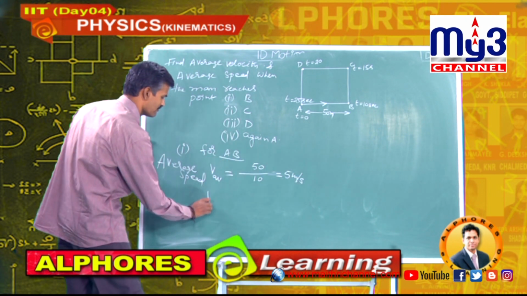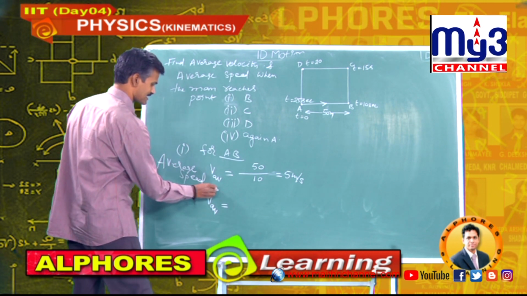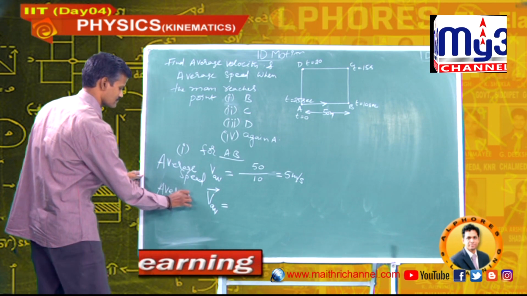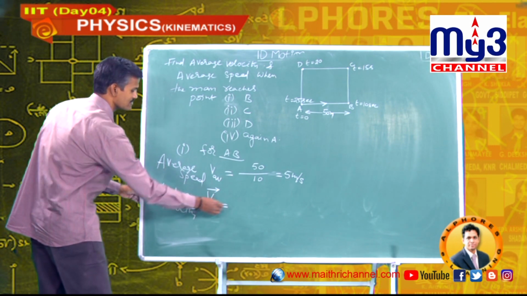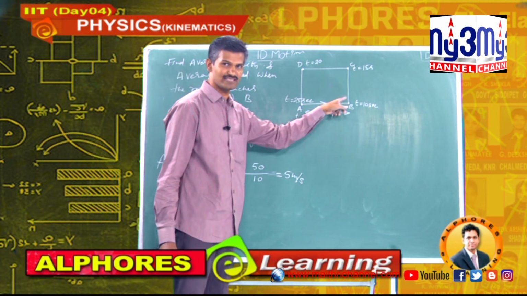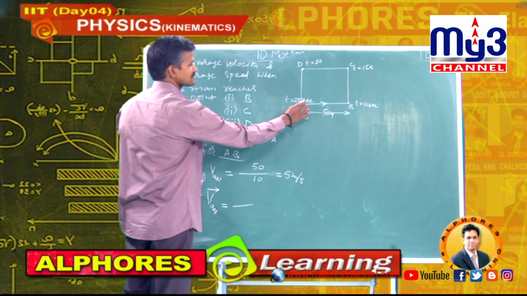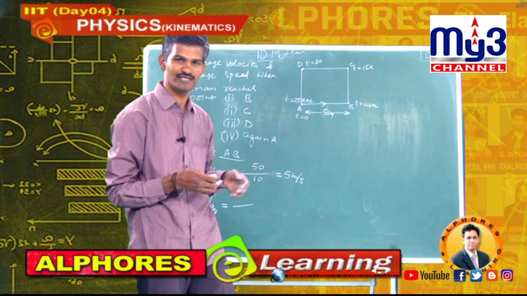But average velocity is a vector quantity, so we have to mention the direction also. Displacement is in a straight line, so distance and displacement are the same.